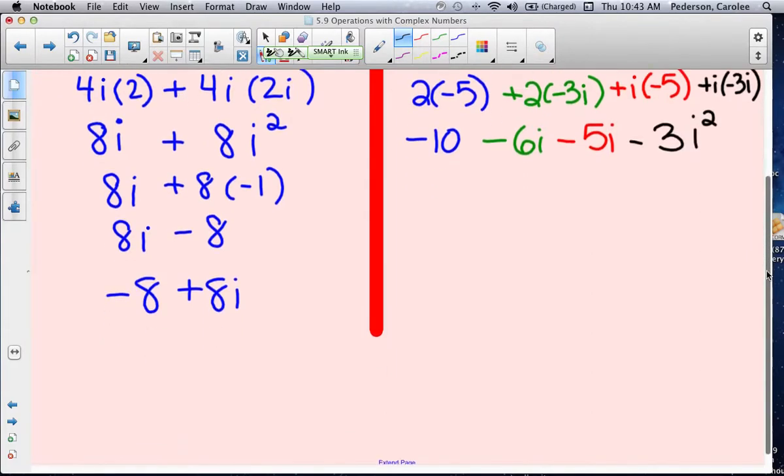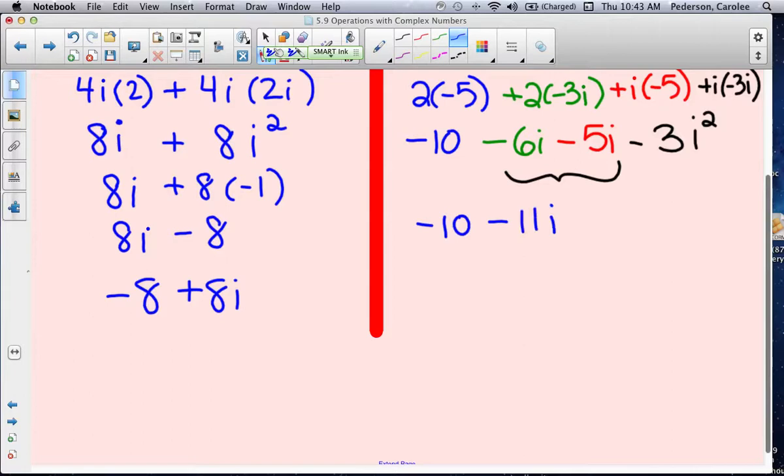Now we can combine like terms in the middle. So we have -10, and then -6i minus 5i are those like terms. This is now -11i. And remember what happens with the i squared. You replace that i squared with -1. So now -3 times -1 is a +3.